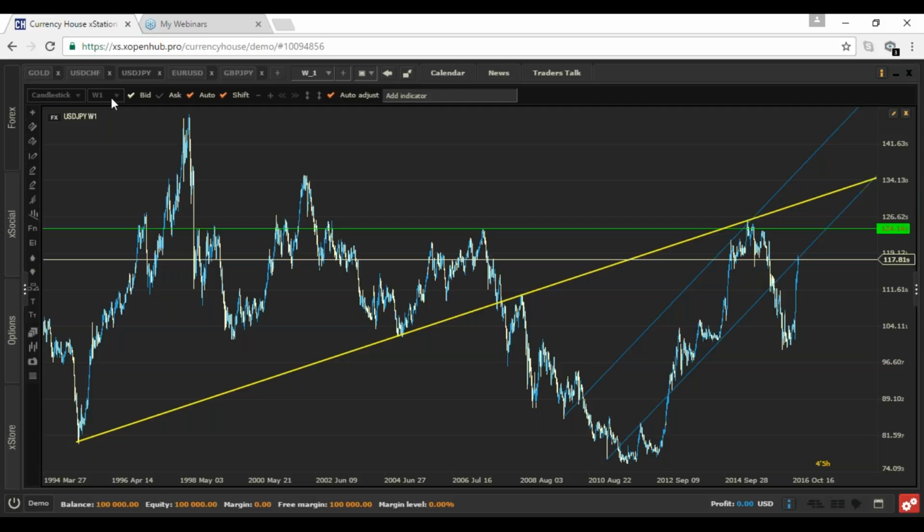The reason is just because they want to compete. They want their goods to be cheaper than the prices of competitors. So it's very good for them to keep the Japanese yen on the lower side.